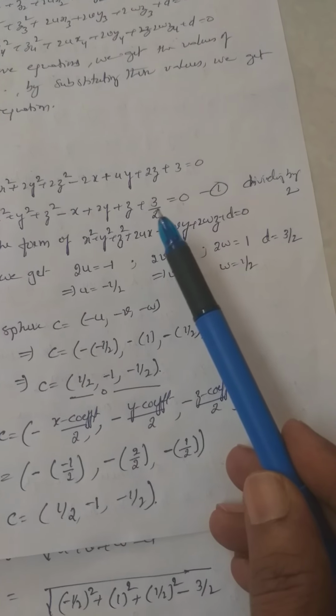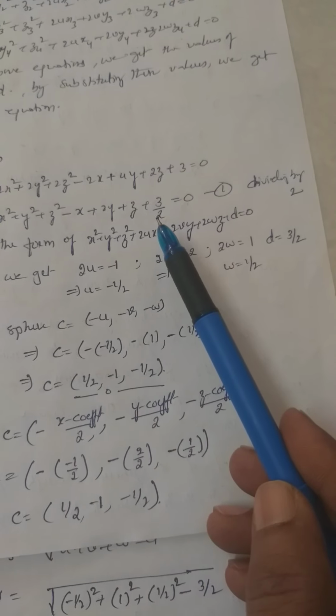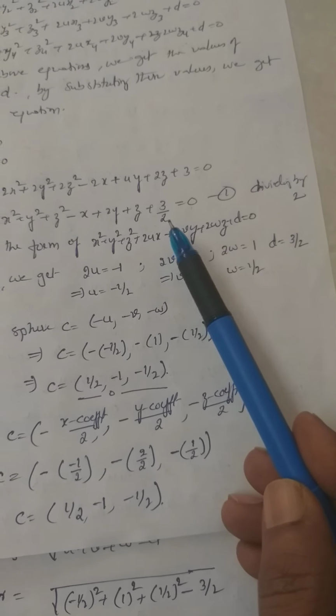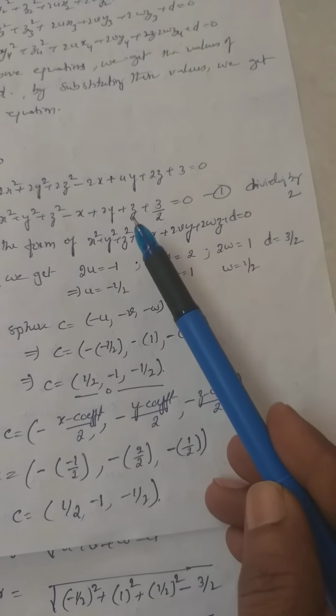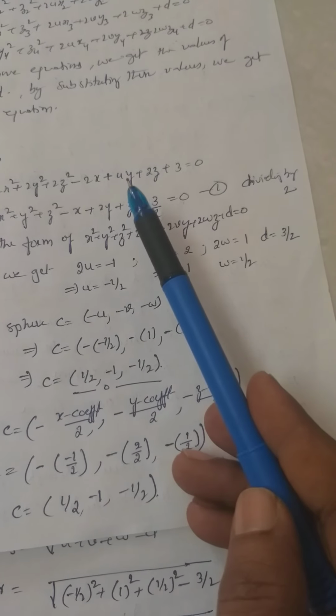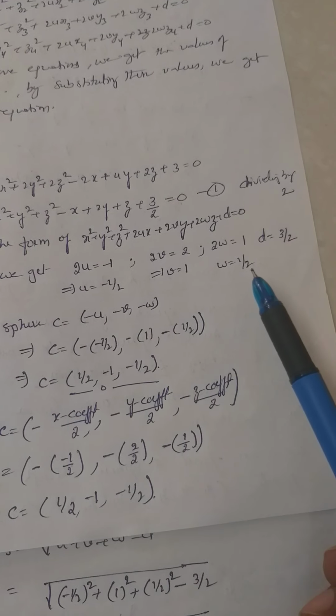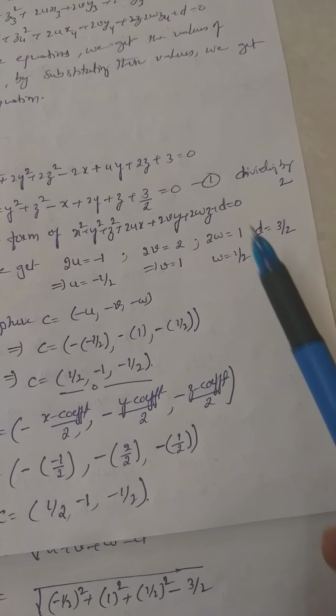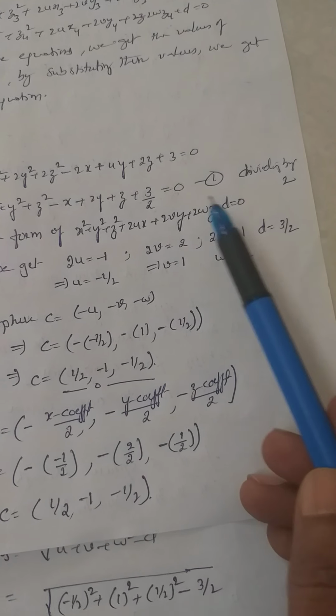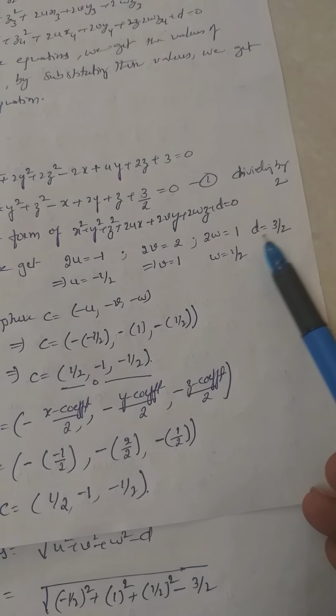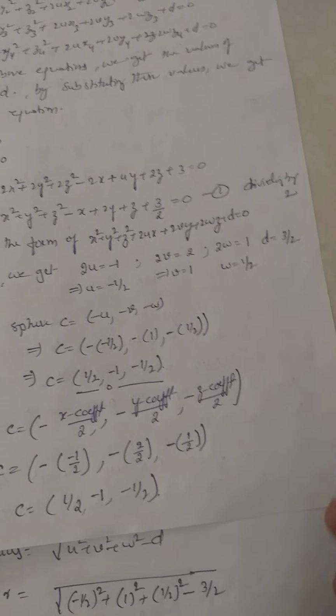Similarly, the z coefficient is 1 and 2w is equal to 1, w is equal to 1 by 2, and if you compare this constant, d is equal to 3 by 2, right?